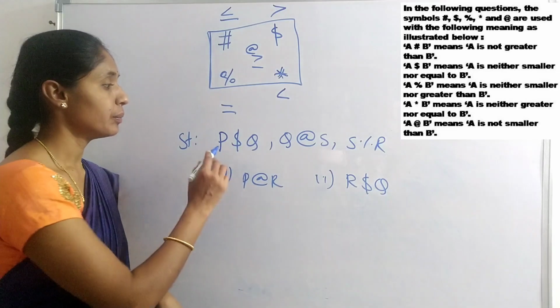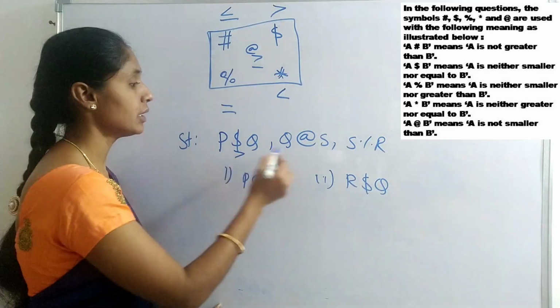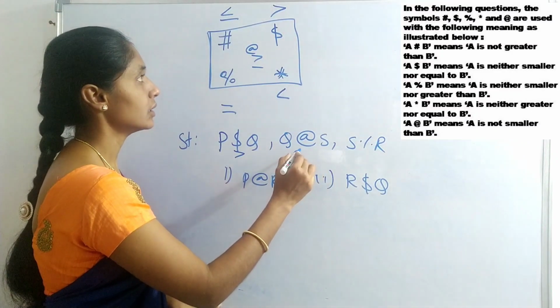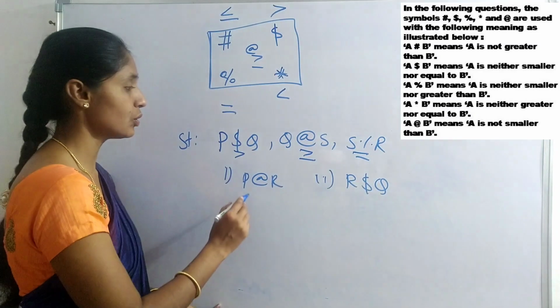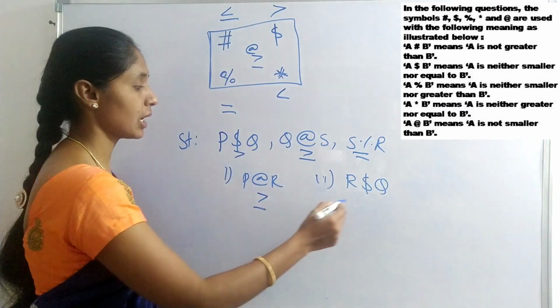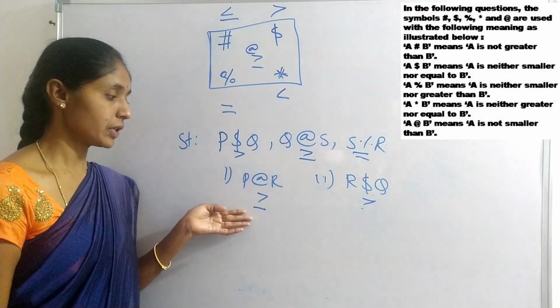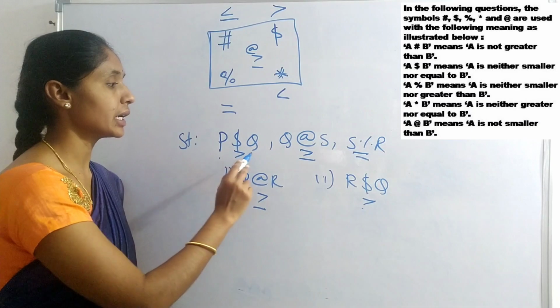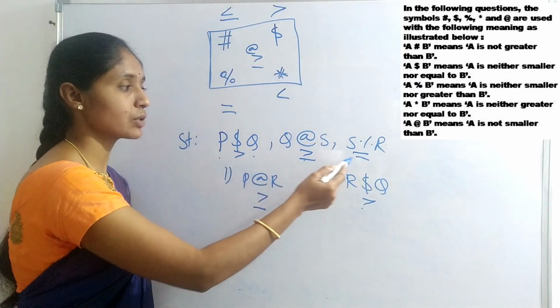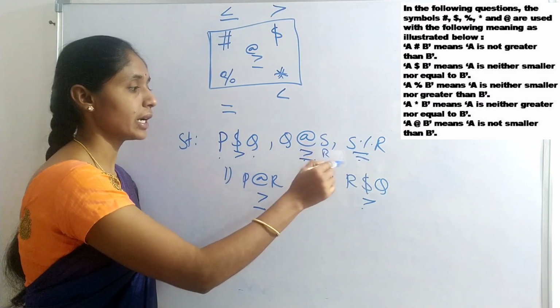Next question. P dollar Q, dollar means greater than. Q at S, that is greater than or equals to. S percentile R, equals to. Conclusions: P at R, greater than or equals to. Dollar is greater than. Coming to first conclusion, P greater than or equals to R. Here P greater than Q greater than or equals to S equals to R. S equals to R means we can write R here.